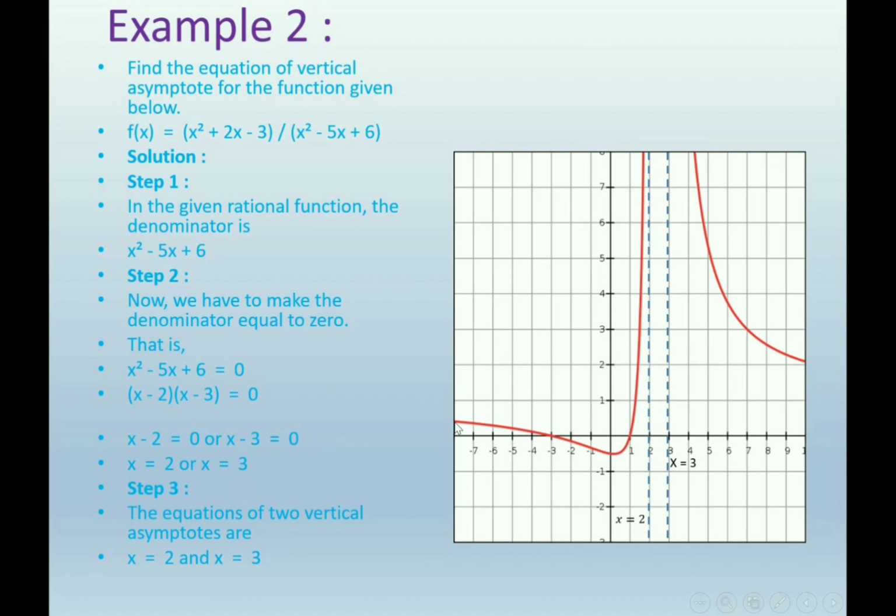When it gets closer to the asymptote x equals 2, the curve goes up to plus infinity. And when the curve gets closer to the vertical asymptote x equals 3, the curve goes up to plus infinity.